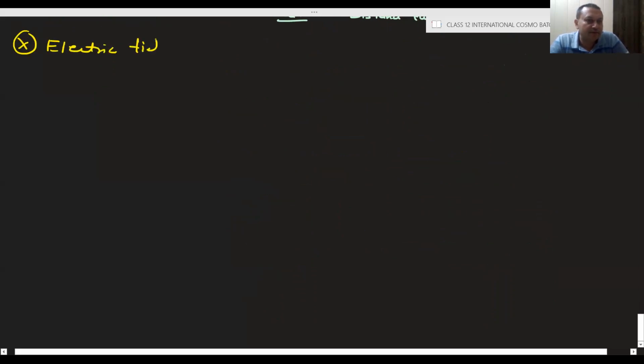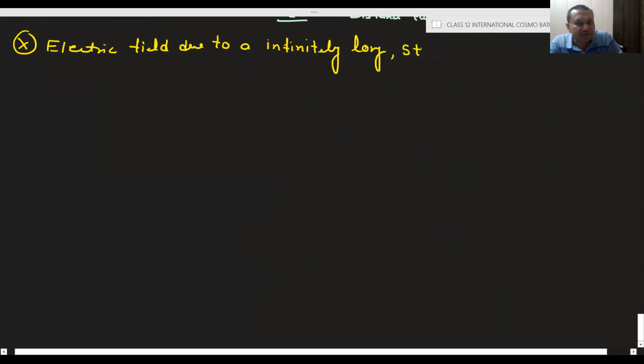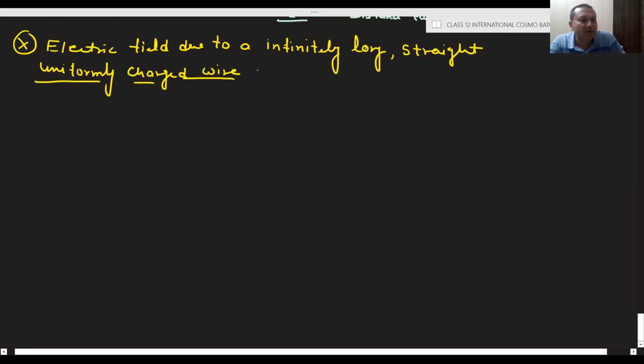Electric field due to a long, infinitely long, straight, uniformly charged wire, or you can write line charge distribution, or linear charge distribution.